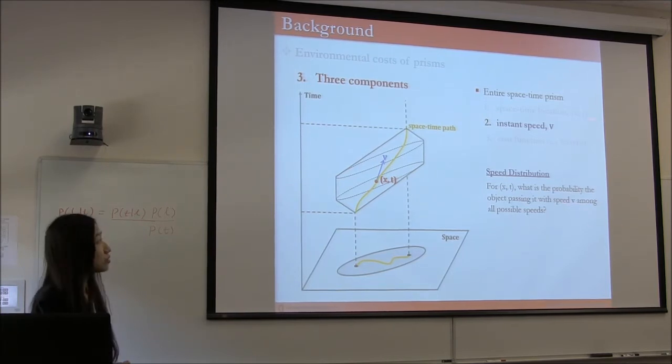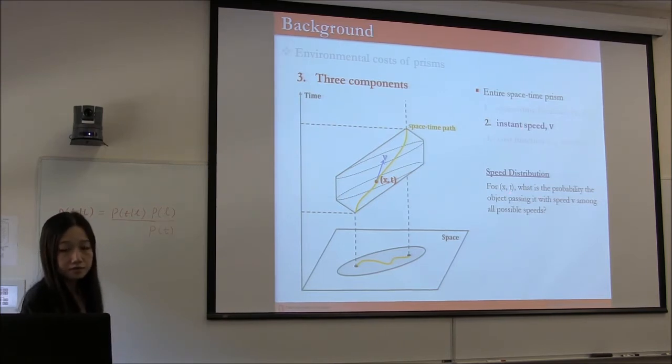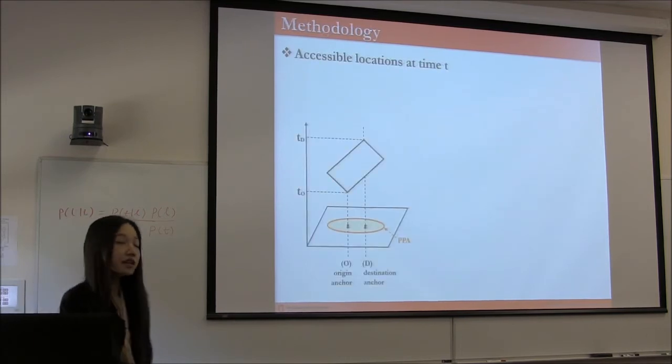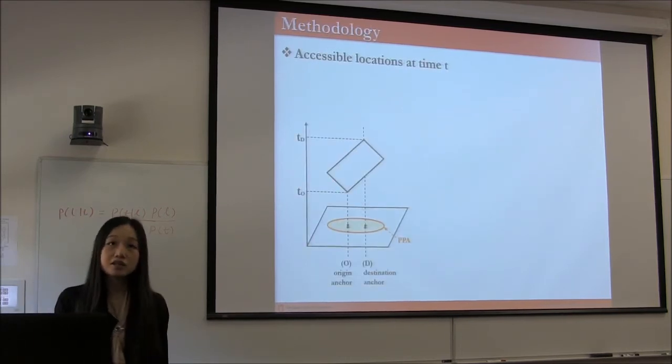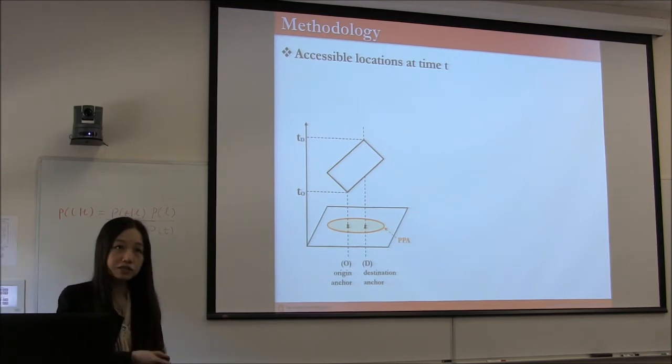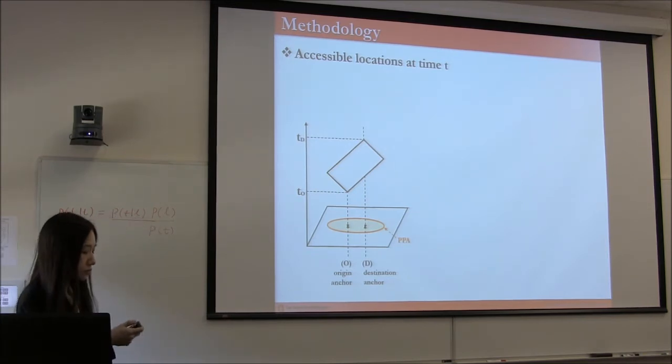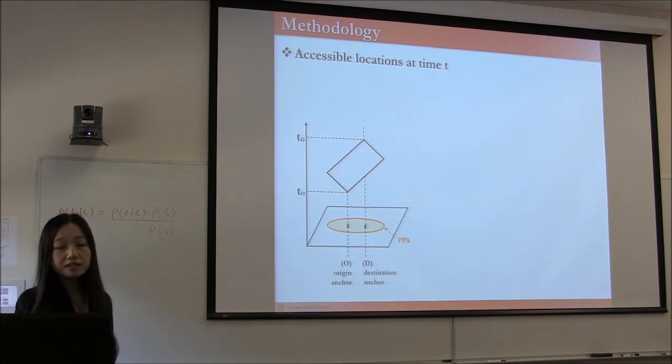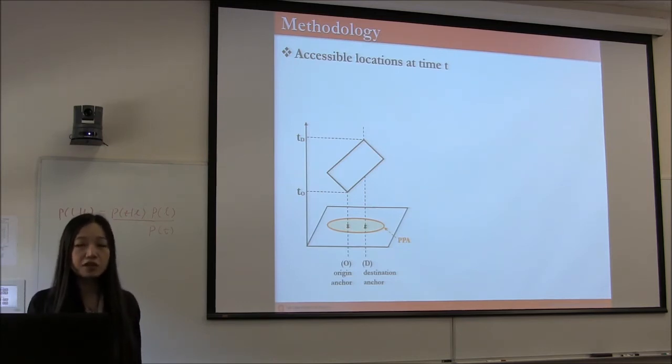So those are the two things we need to solve in order to calculate the entire space-time prism cost. So the methodology we're using right now will include the visit probability and speed distribution, then combine with the emission model.